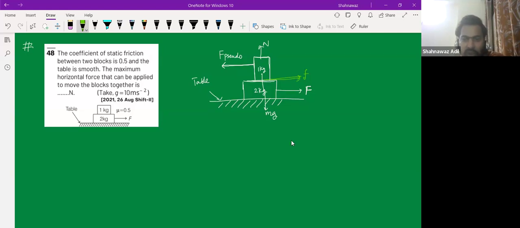Okay, good. Now, because we are talking about this block, we have to write everything in terms of this block.